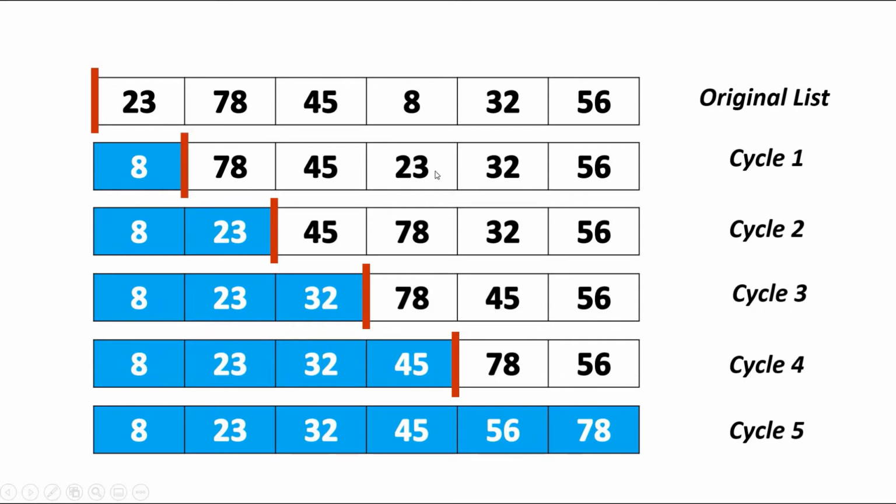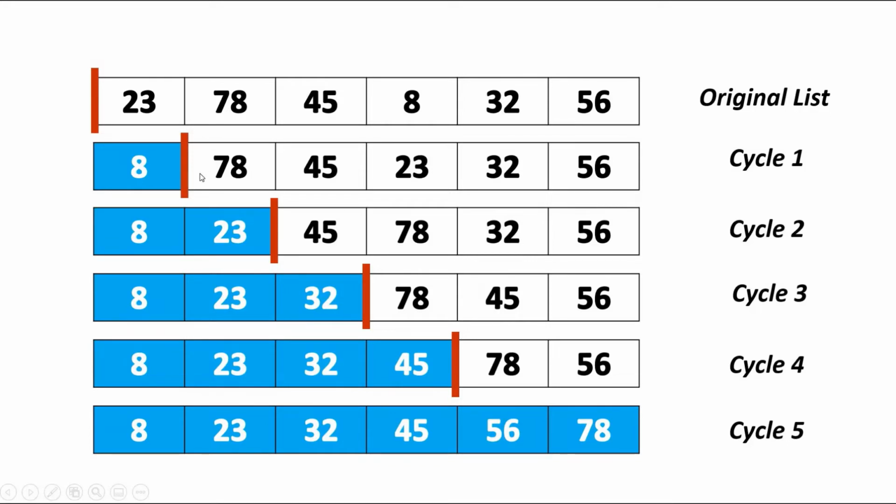So 8 comes here, 23 comes here, and our imaginary wall is moved one place, and it comes here. This is the sorted part, and this is the unsorted part. The sorted part was increased by 1, and the unsorted part was decreased by 1.